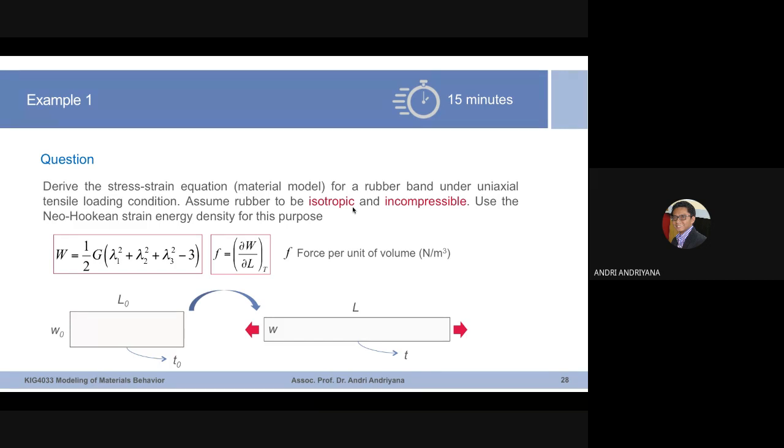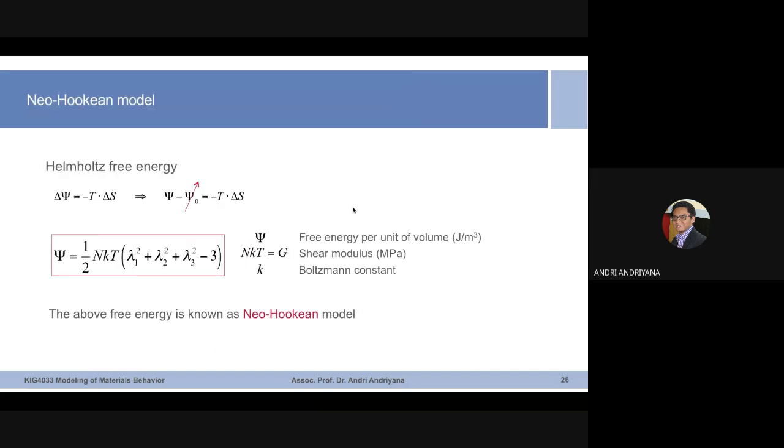All right, now let's see. What should we do with whatever we have found in the previous slide? What's next? Because our objective is to describe the stress-strain response, and so far we only obtained the expressions of free energy or strain energy. It is simple.